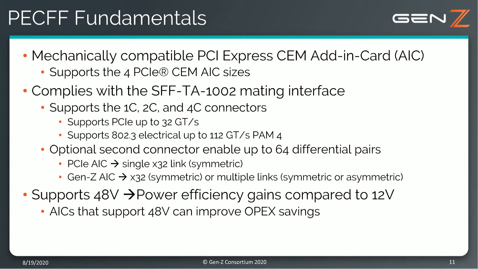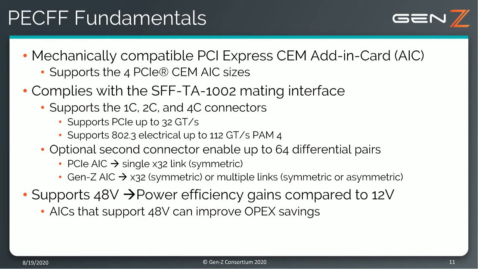PECFF also supports 48 volts, so that provides power efficiencies at the system level versus a 12-volt infrastructure, which can provide OPEX savings for data center providers that use PECFF as well.